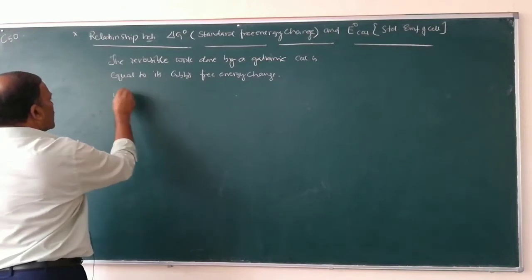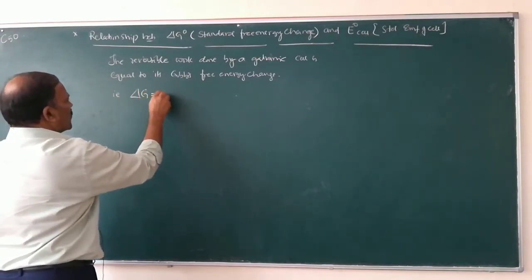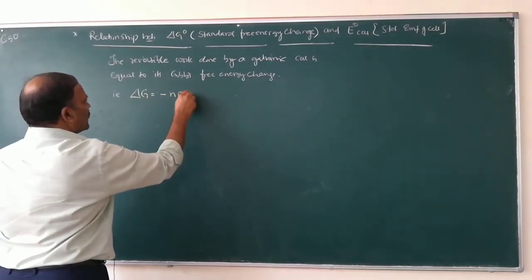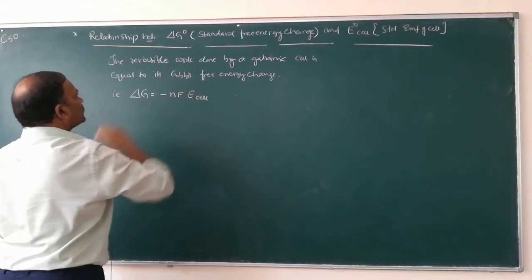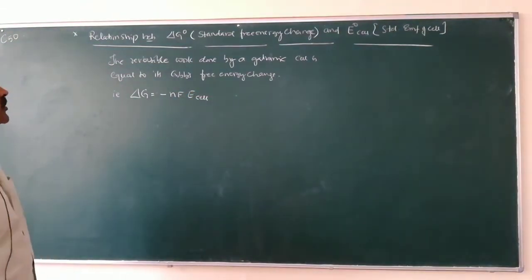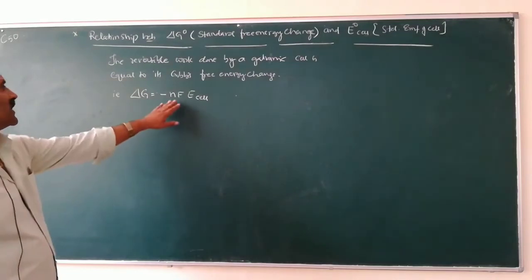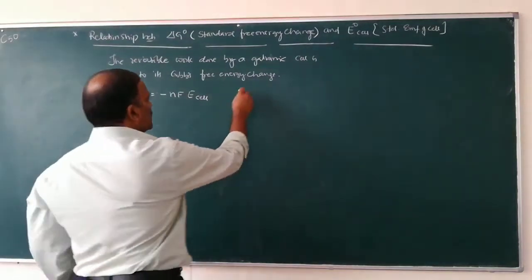That is delta G is equal to minus nF E cell. So what is delta G?